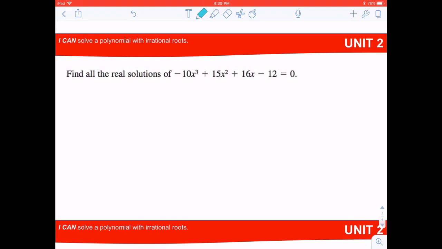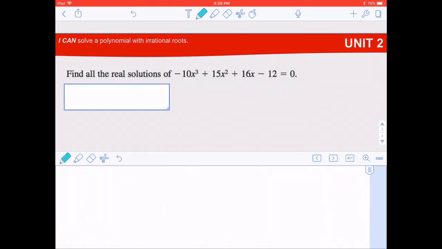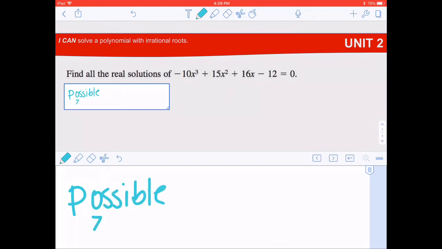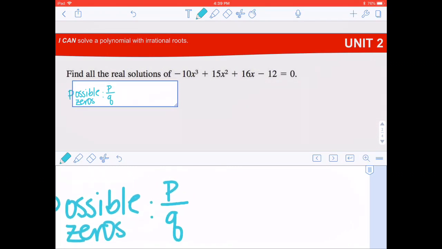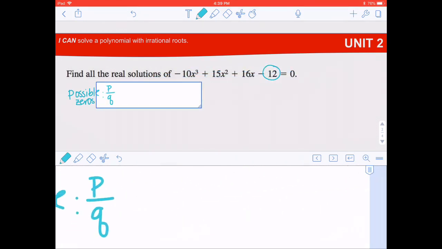So what we need to do first is figure out what are some of our possible zeros, because we're going to be factoring using synthetic division. So let's take a look at what are some of the possible zeros that we can check. The way we do that is by finding our P and our Q. Remember, P represents all of the factors of that constant at the end of the polynomial.